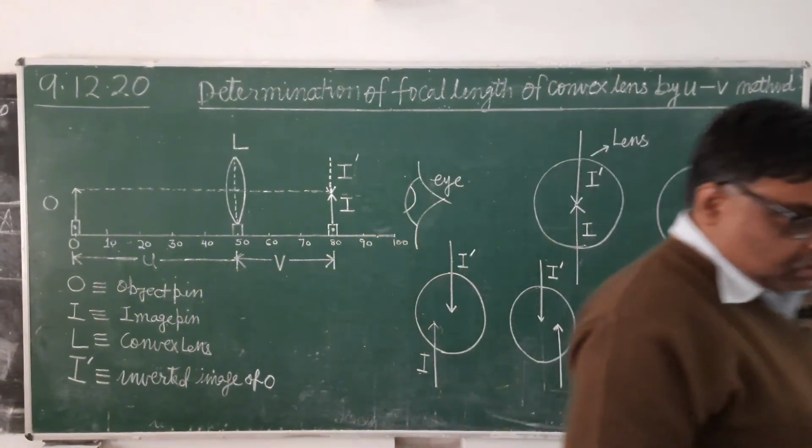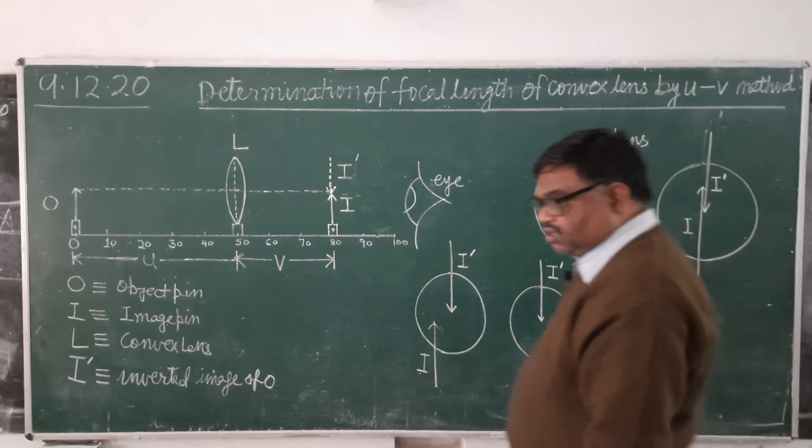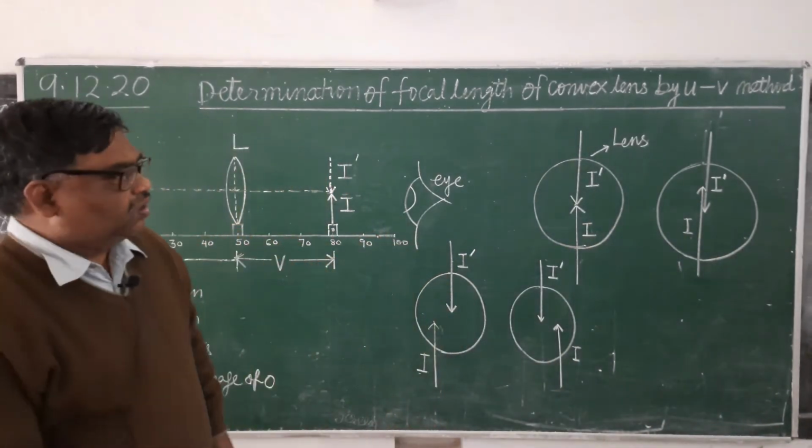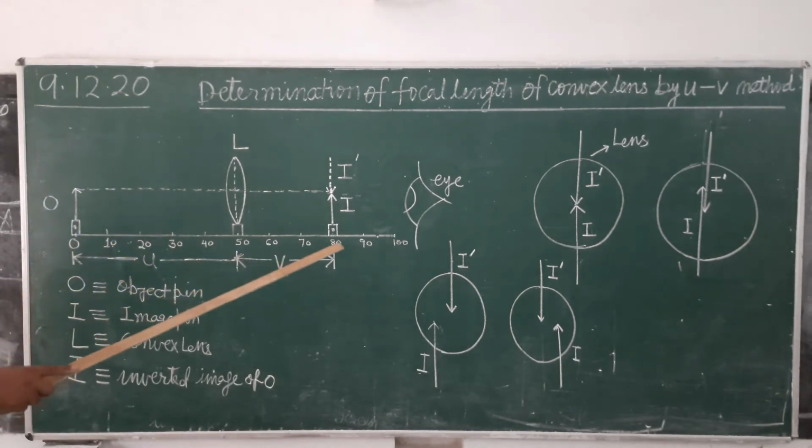So I hope that these things have been clear to you. Now you see, here this is the optical bench. You can see this is the optical bench which is 100 centimeter long.